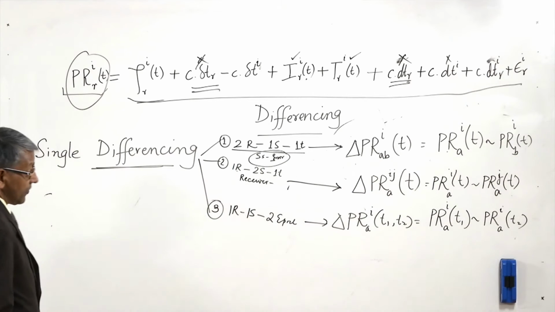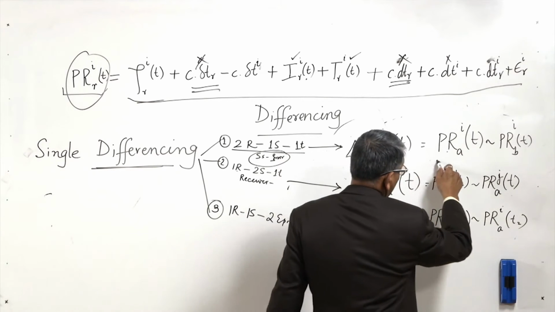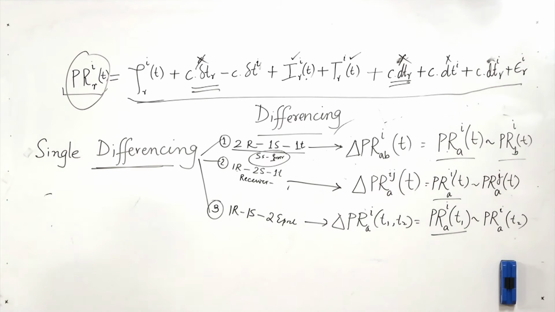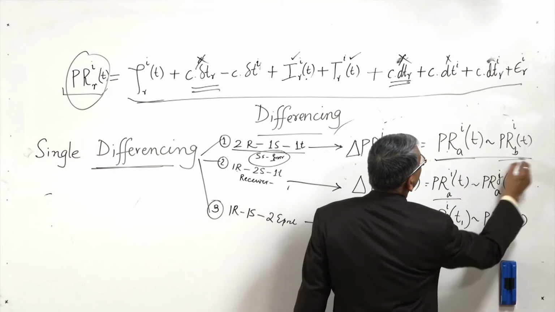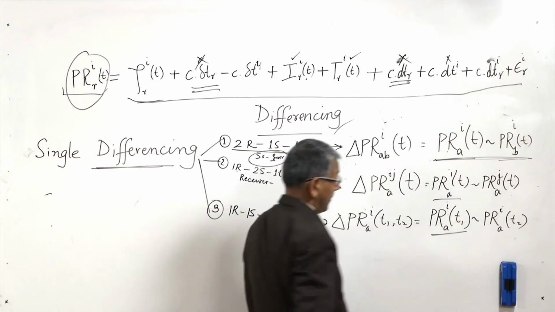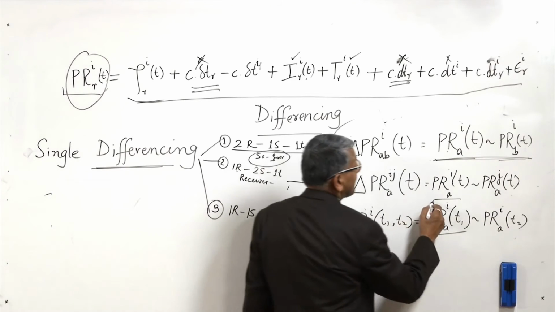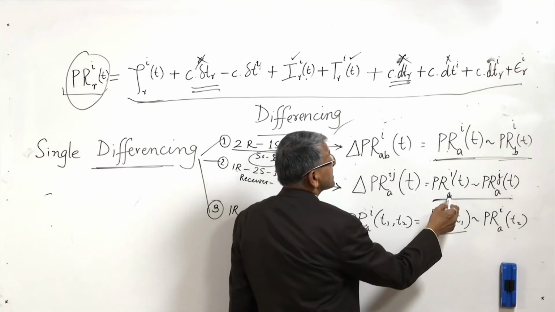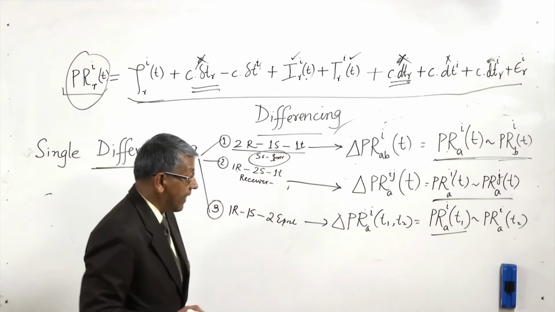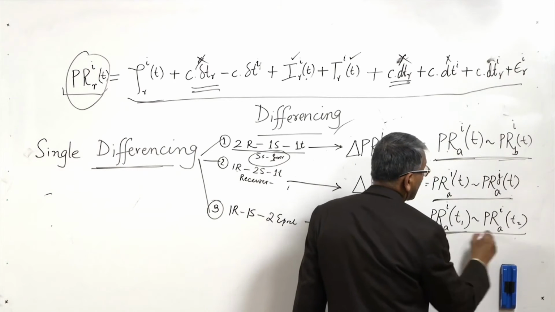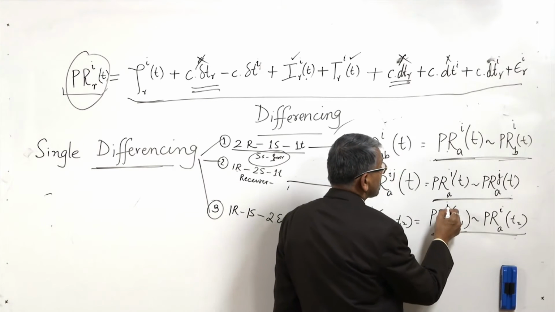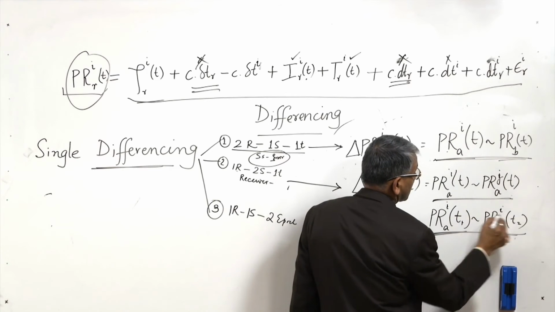So by taking differences, you can see there are different ways we have taken the difference. In the first case, we took the difference at the same instant of time from the same satellite by two receivers. In the second, we took the observables to the same receiver from two different satellites at the same instant of time. And in the third, we took the difference of observables to the same receiver from the same satellite but at two instants of time.